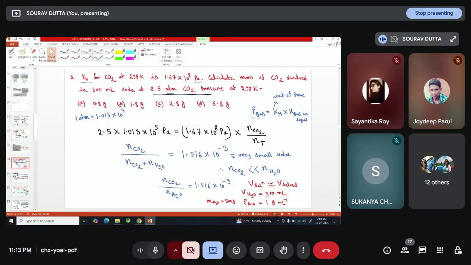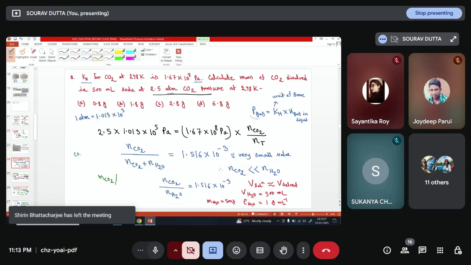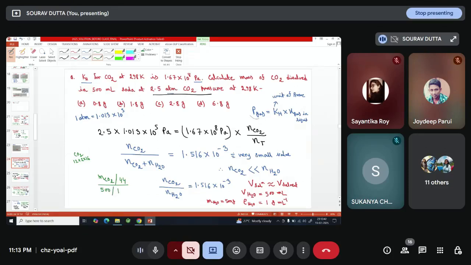Now just a simple formula. Mole of carbon dioxide means mass of carbon dioxide divided by molar mass of carbon dioxide. Molar mass of carbon dioxide is 44: carbon 12, oxygen 2 into 16, 44, divided by mole number of water, mass of water that is given 500 gram, and molar mass of water 18, equals 1.516 into 10 to the power minus 3.